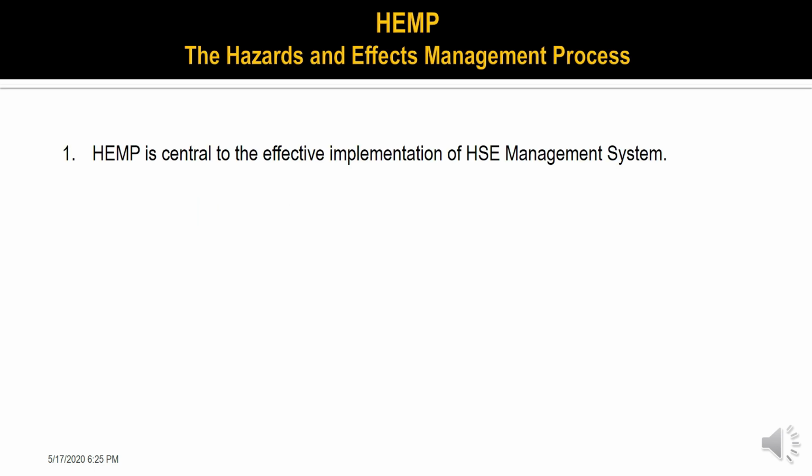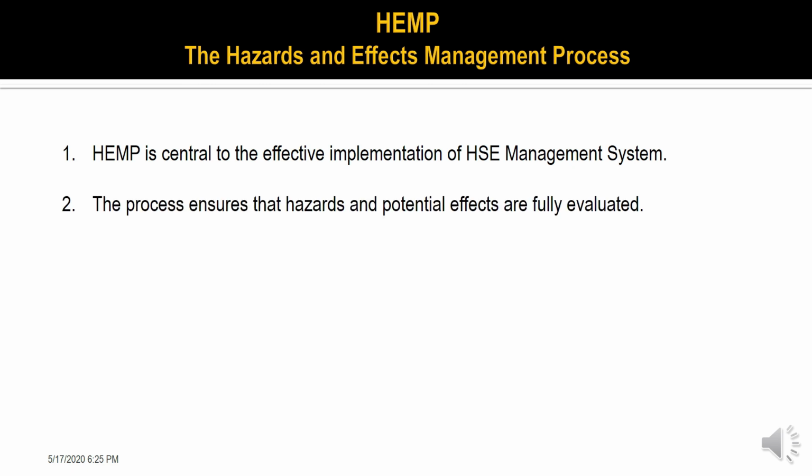So the hazard effect management process, in general, is central to effective implementation of a health, safety and environmental management system. This process has been developed over many years to ensure that it evaluates all the potential hazards and their effects in a systematic manner, without leaving any space for improper completion.